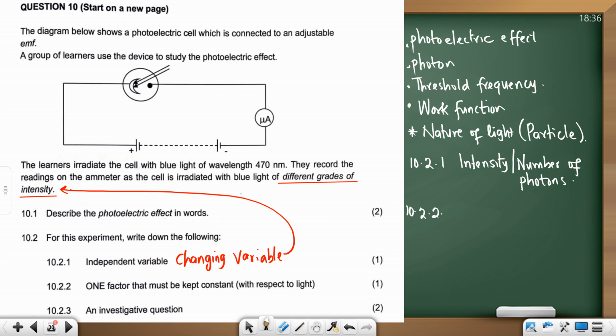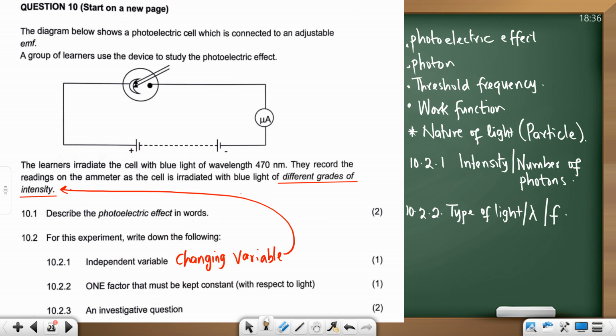In fact, that gives it out already. But you said the type of light. That's important, because there are so many blue lights. So we can say the type of light. But what are we keeping constant? The wavelength, which we can also say frequency. I don't know if that makes sense. All right. So we are using the same type of light, but just changing intensity.